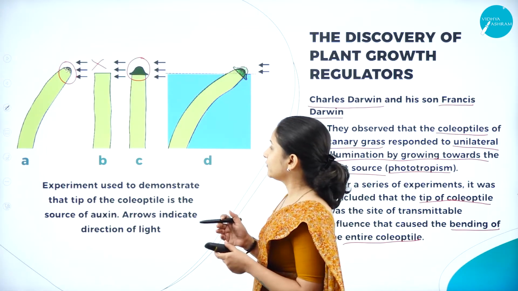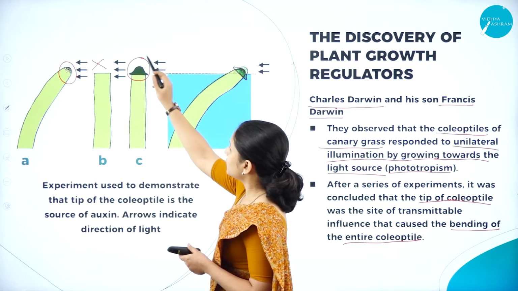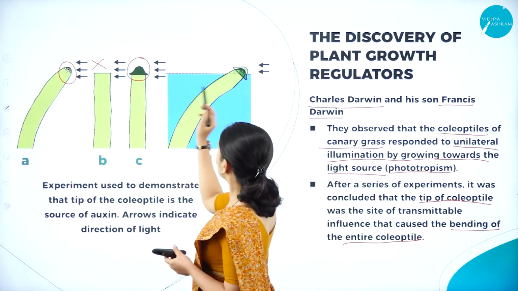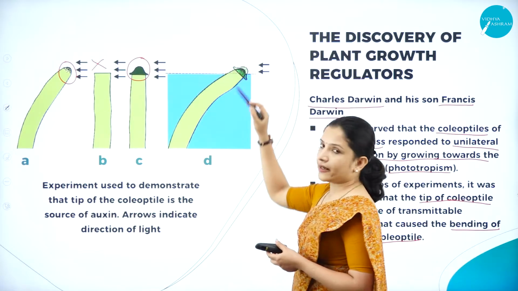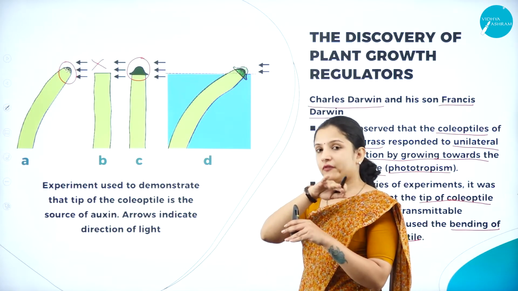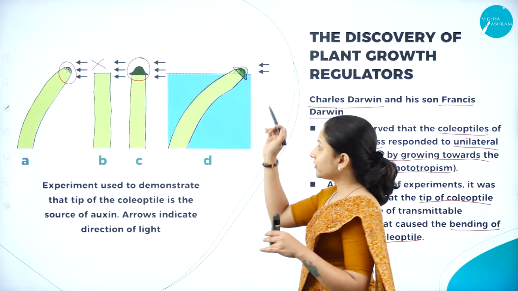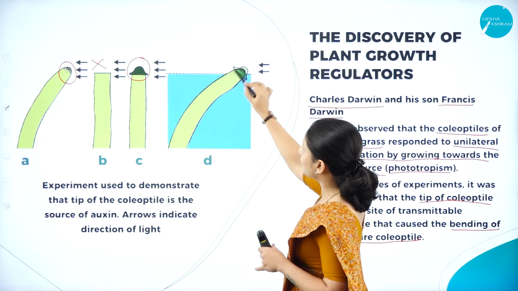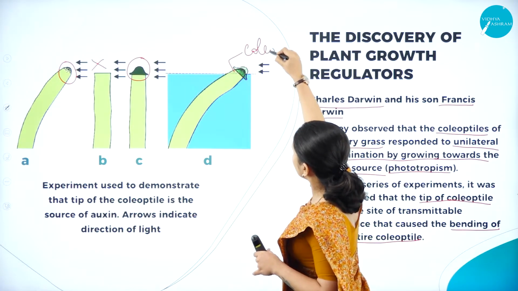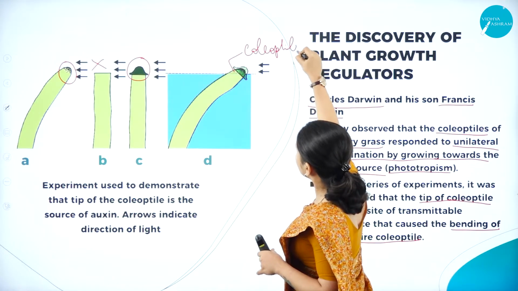Later on, he removed this agar block and put that agar block on an intact plant. So one more shoot he took, wherein he did not cut the coleoptile. On that shoot tip, you can see here, the coleoptile region is still present.